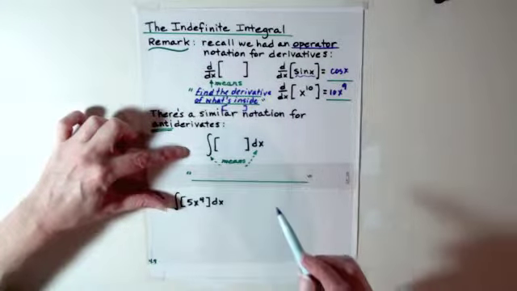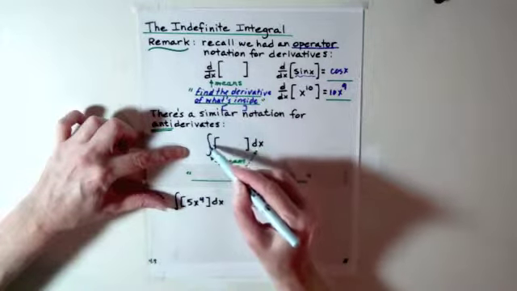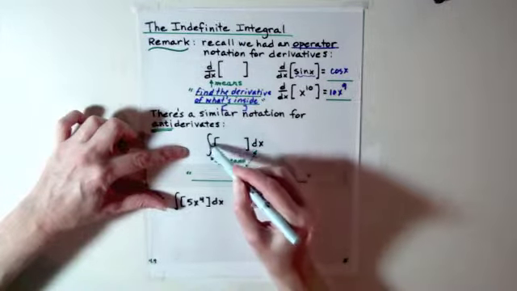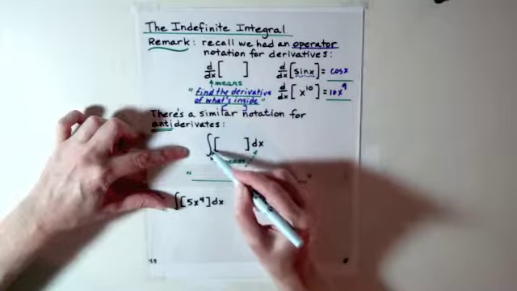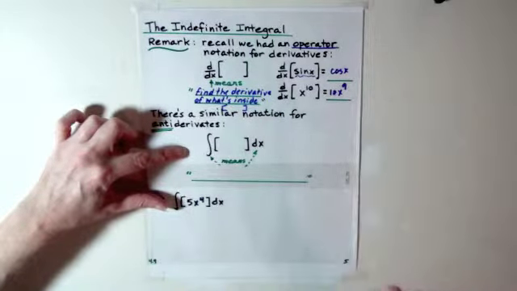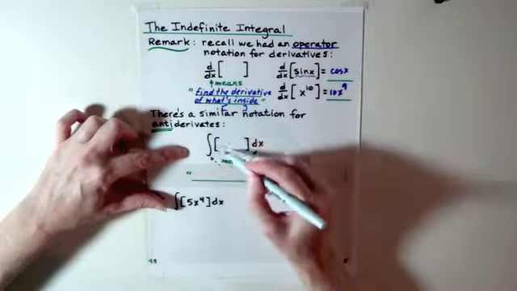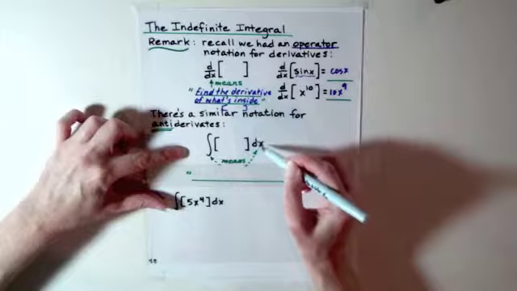There's a long, curly, vertical-looking line. Most people think of it as a stretched out S, and we'll talk about why in 5.1. And then there are square brackets, and then there's a dx at the end.